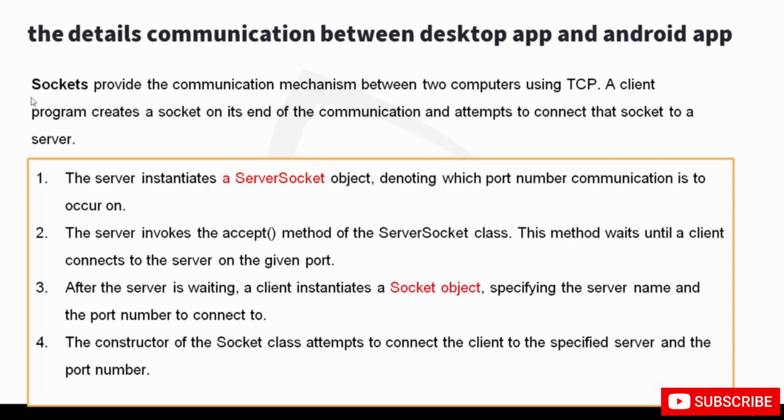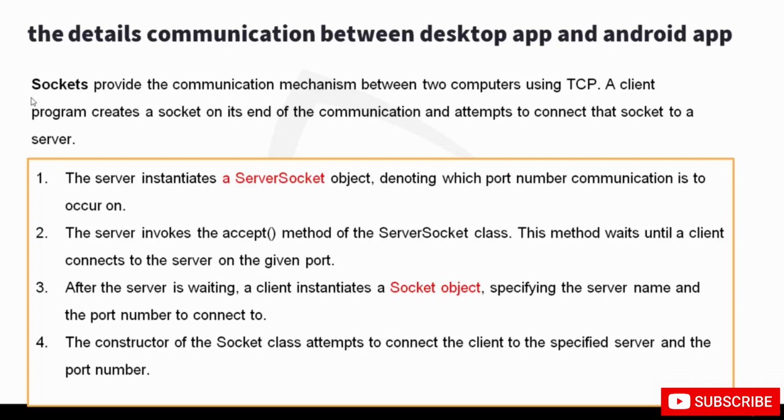First, the server instantiates a server socket object, denoting which port number communication is to occur on. Second, the server invokes the accept method of the server socket class. This method waits until a client connects to the server on the given port.